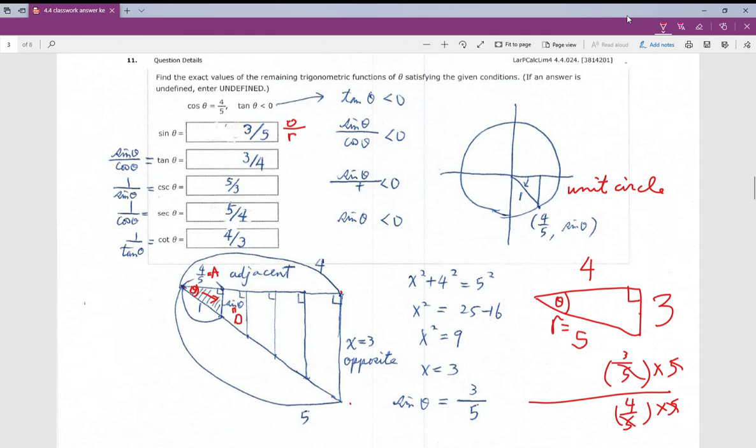So in the end, you have 3/4. So basically, the tangent definition is opposite over adjacent.